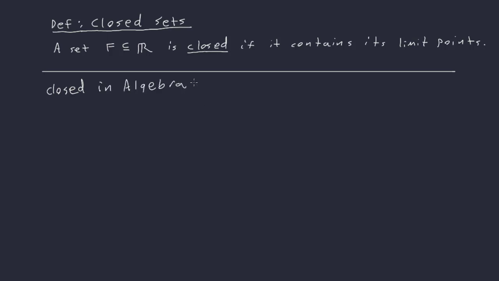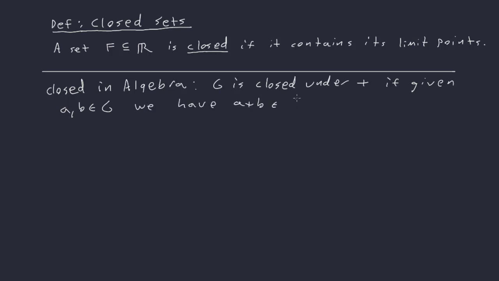A group is closed under addition if, given a and b in the group G, we have that a plus b is in G. We can also do multiplication: a times b is in G. In linear algebra, you have closures of vector spaces, that kind of thing.